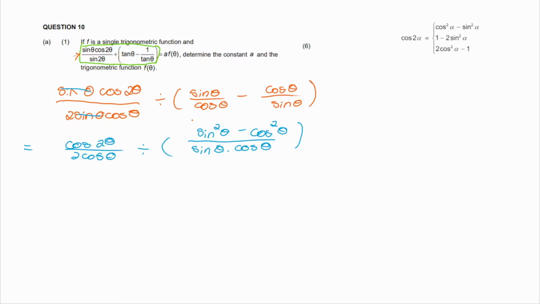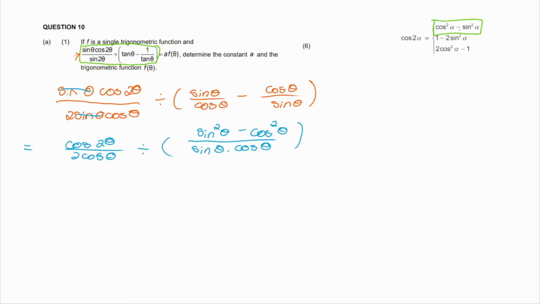But now it's important, we need to ask ourselves, did that make our lives easier? Let me use a different color. Did this thing make our lives easier? Sine squared theta minus cos squared theta, right? If it's sine squared theta plus cos squared theta, then that's equal to 1. But we don't have that. And we can't take out a negative to sort that out. That won't work. So let's think, what is the issue here? Have a look at this, right?